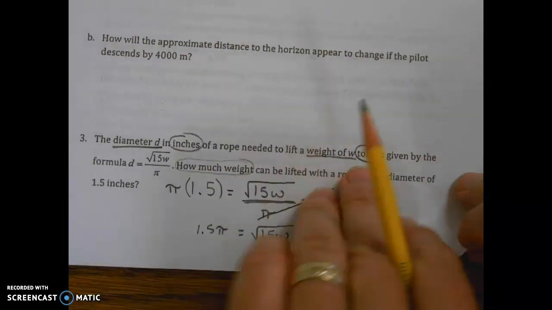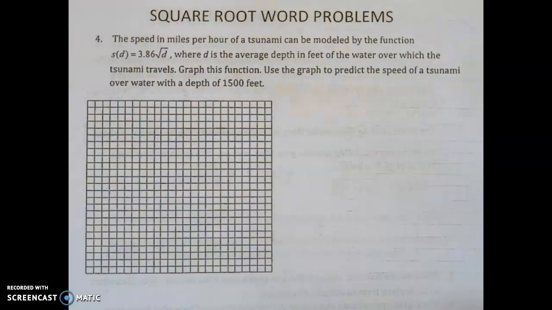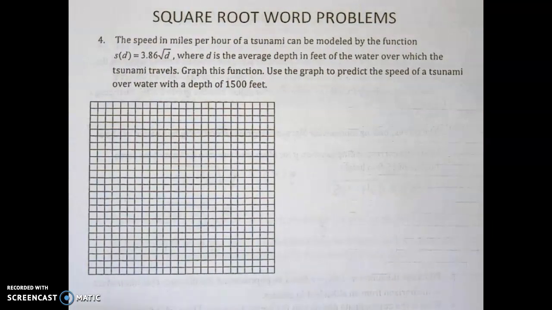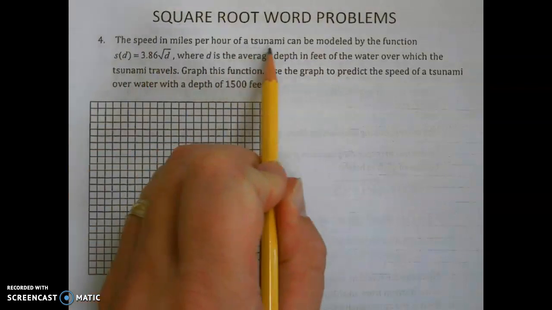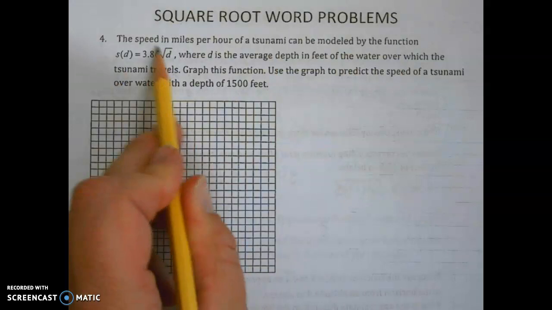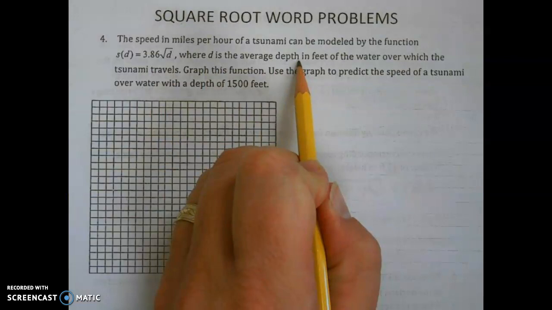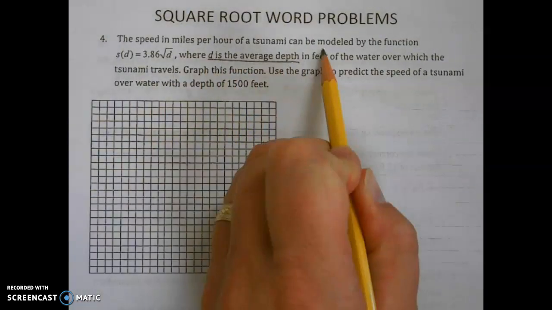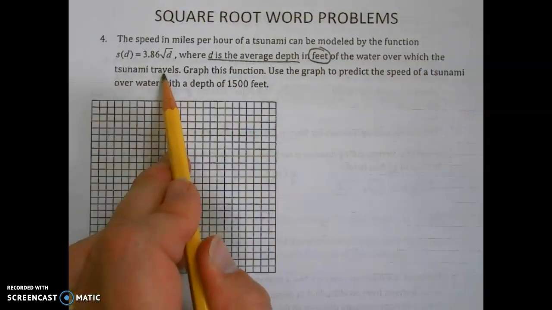Okay, let's take a look at a graph problem, and I'll help you get started. So for number 4, the speed in miles per hour of a tsunami can be modeled by this function here. Notice we have a vertical stretch, where D is the average depth in feet of water over which the tsunami travels.